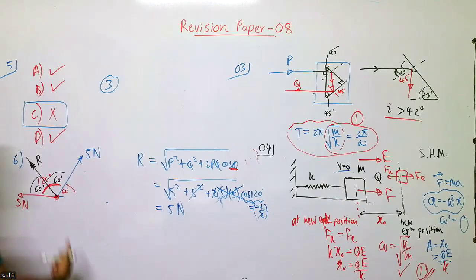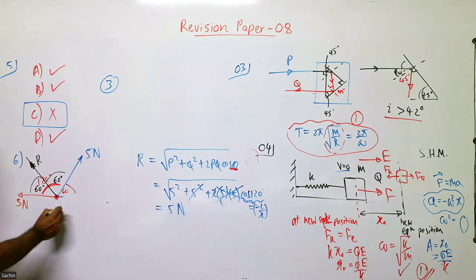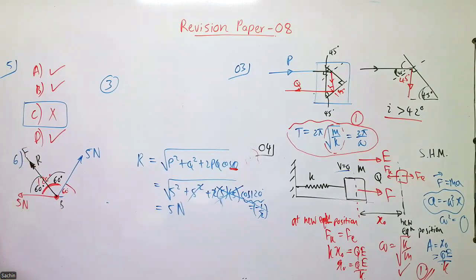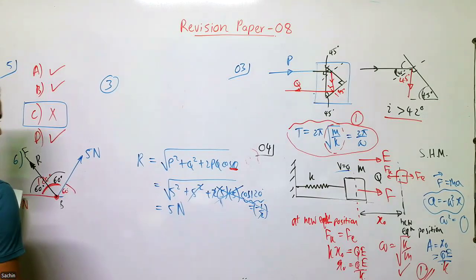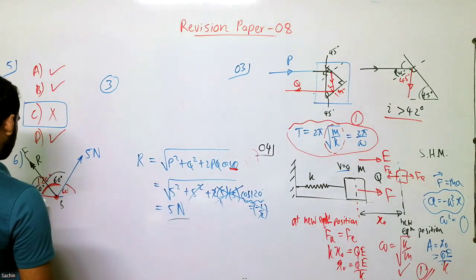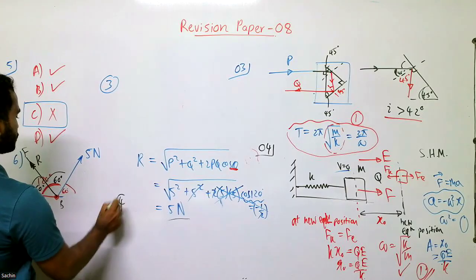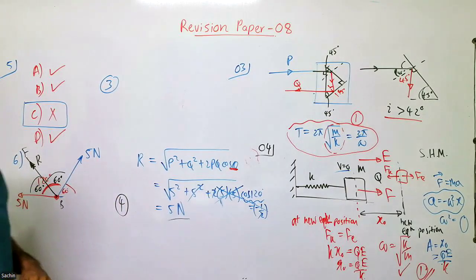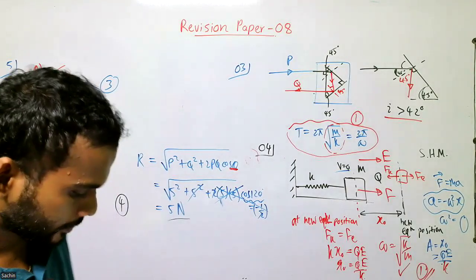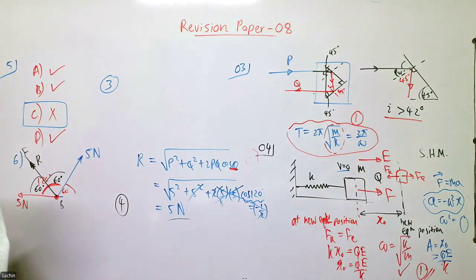When the forces are equal, the resultant should go in the mid path. So that is given in the BF direction, right? So 5 Newton and the direction is BF. So the answer is the fourth answer. Done. Seventh question.